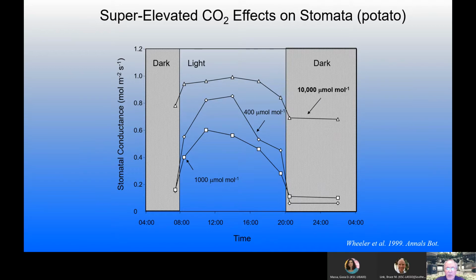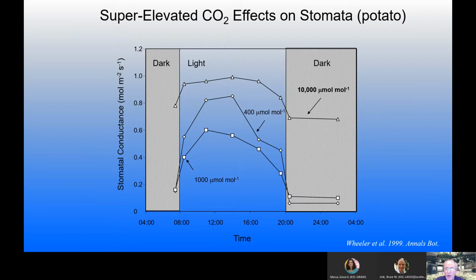And if you look at the 400 parts per million, 400 micromoles per mole, you see a very typical curve. The stomata are partially closed at night. They open up in the light cycle and then begin to close down again as darkness approaches. So it's a circadian rhythm and light-entrained type cycle. When you raise the CO2 to 1,000, you reduce that opening.